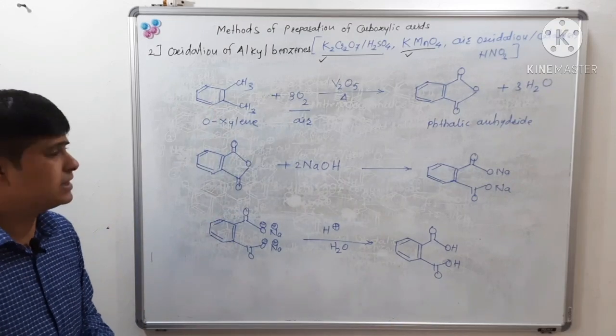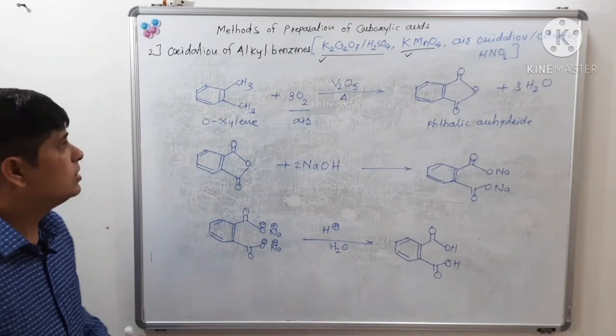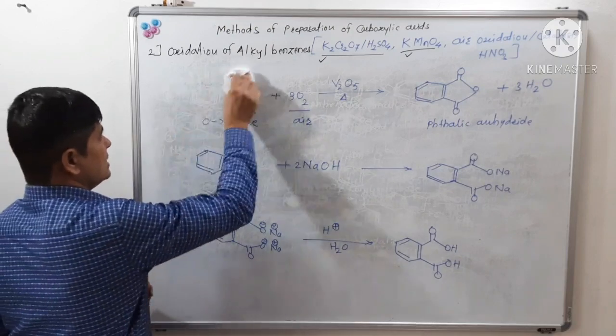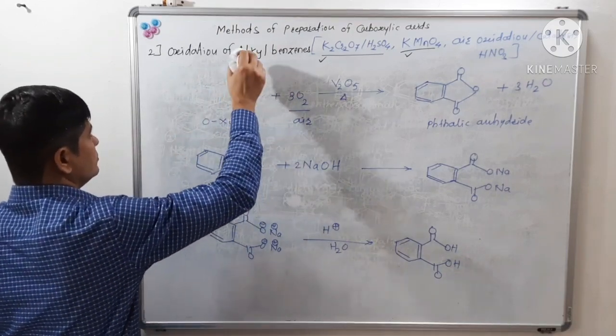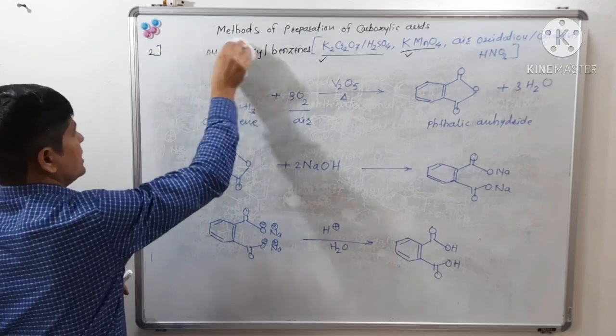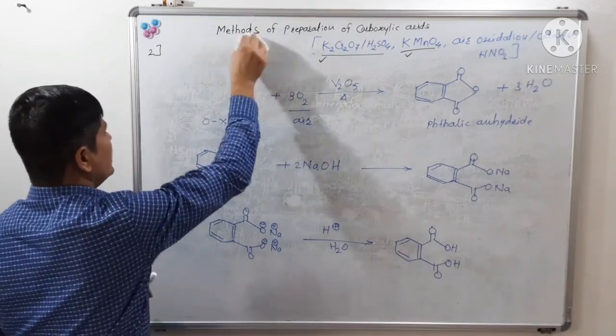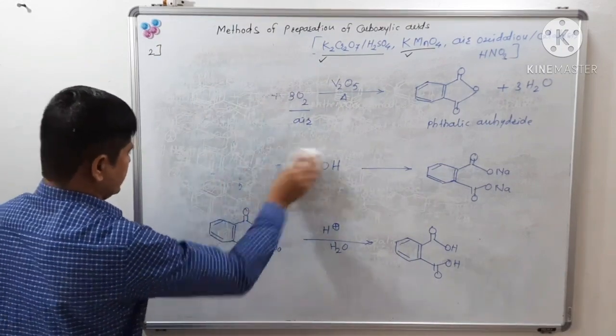Now let us see the next method for the preparation of carboxylic acid, that is the Grignard reaction. Okay, the third reaction is what? A Grignard reaction. This we will see.